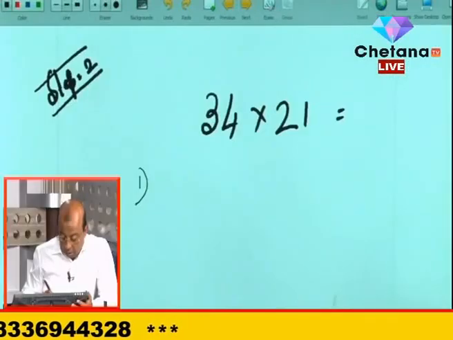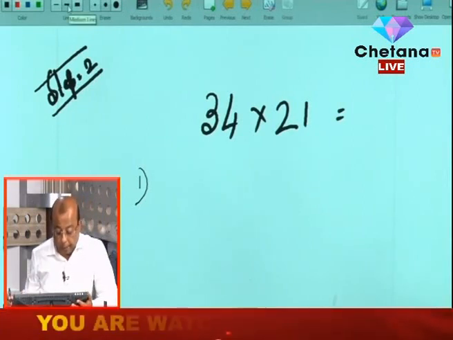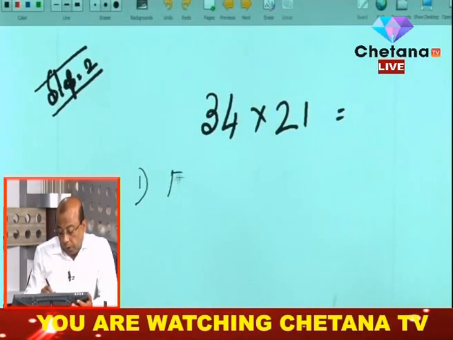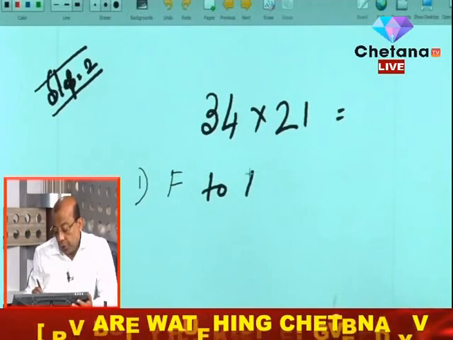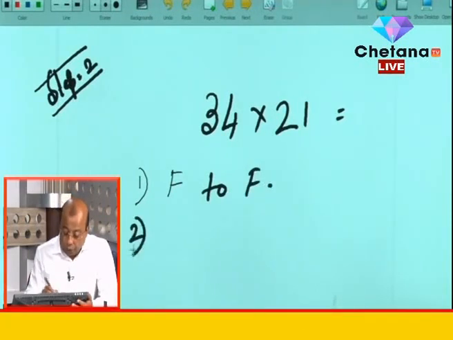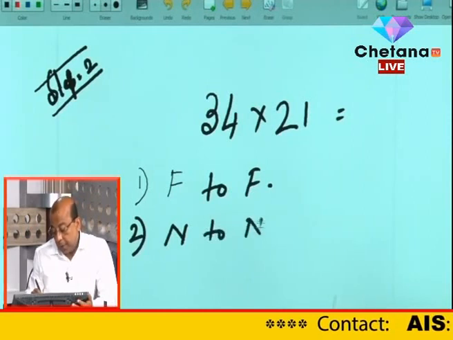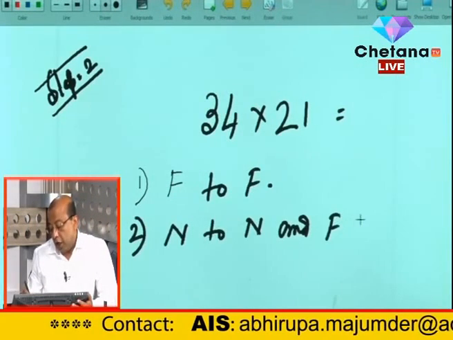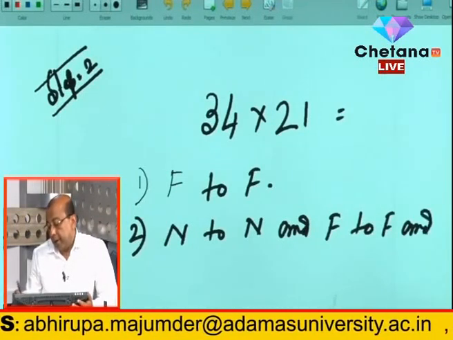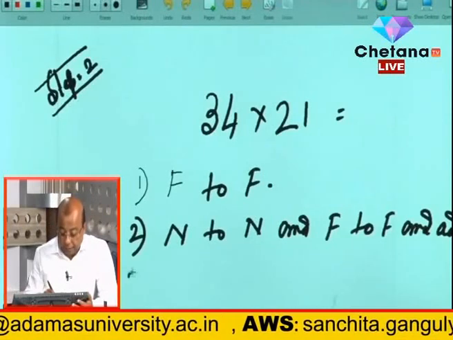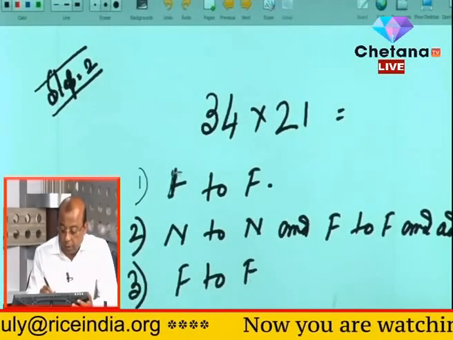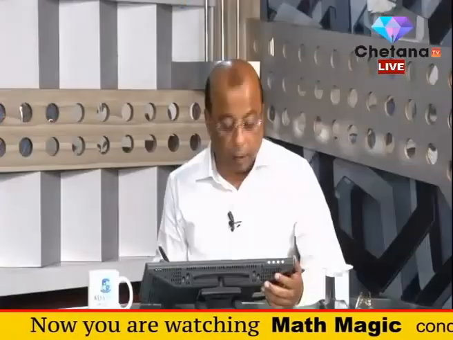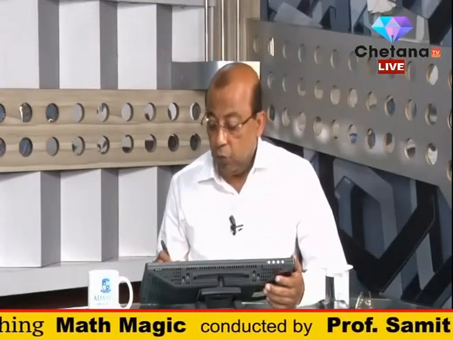So, what will be the process? Number 1, F to F. Number 2, N to N and F to F and add.